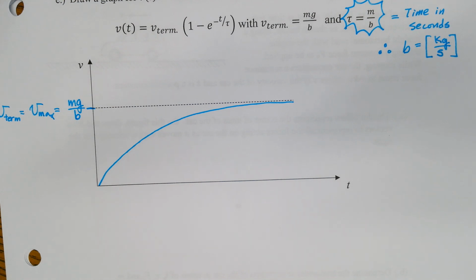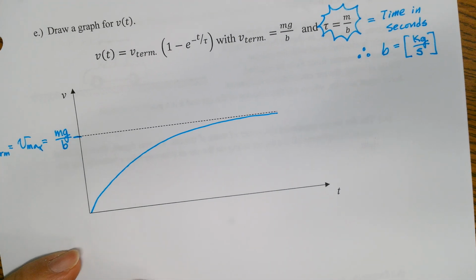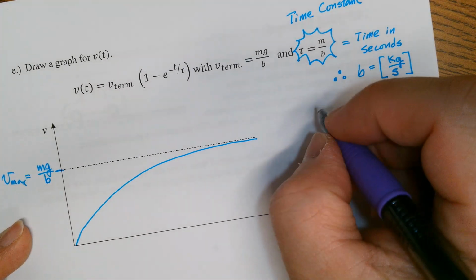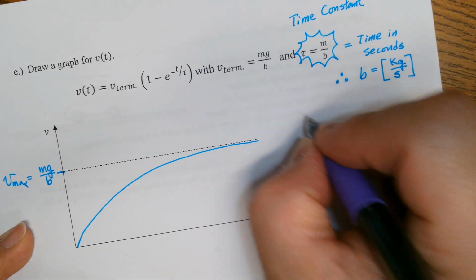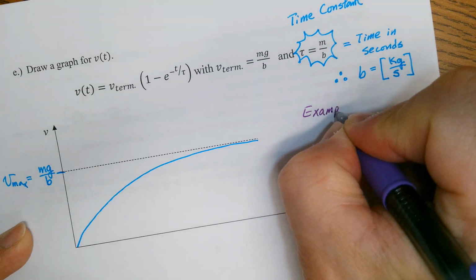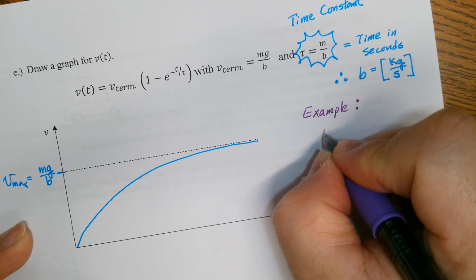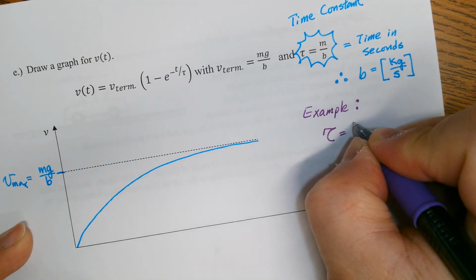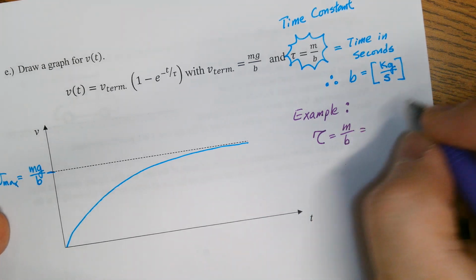So let's take a look at an example of what happens when your tau has some kind of numerical value. Let's say tau, which is equal to m over b, is equal to just 2 seconds.